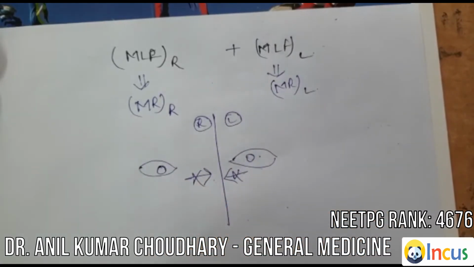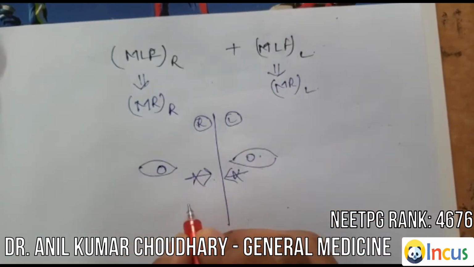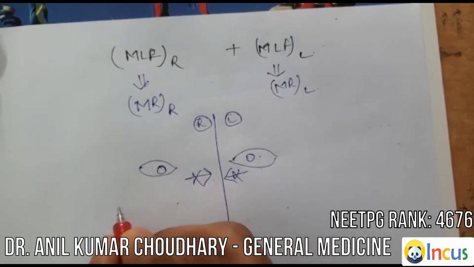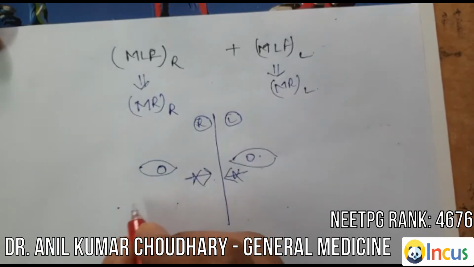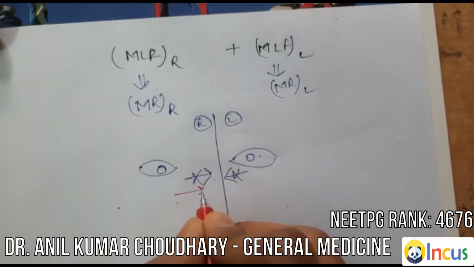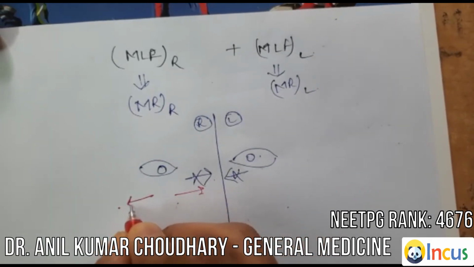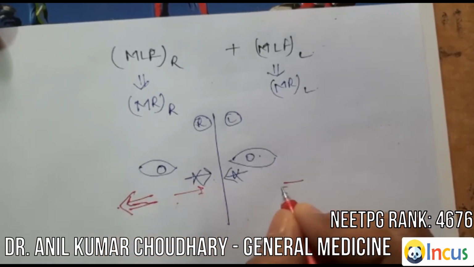So what happens is, you know that the medial rectus action is opposed by the lateral rectus. Now the medial rectus is not functioning, so the lateral rectus action is unopposed. There is no one to oppose the lateral rectus action. A similar case occurs in both the eyes.